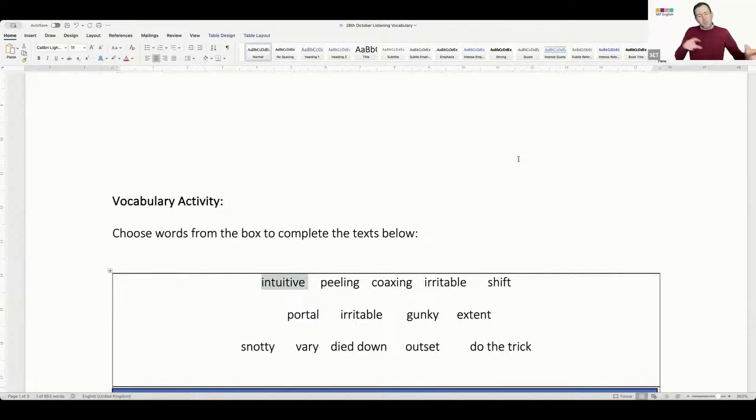Does anyone know what the opposite of intuitive is? Unintuitive. But when you sit down in a car on the other side of the road and you're thinking, what, I've got to use my left hand for this, and where am I looking now? It doesn't feel natural, does it?